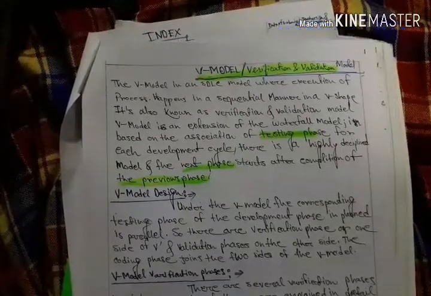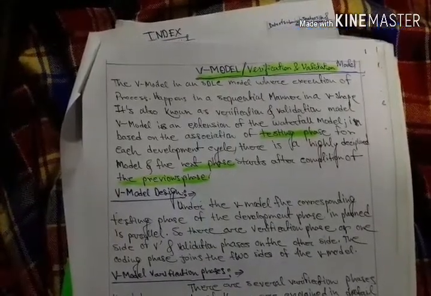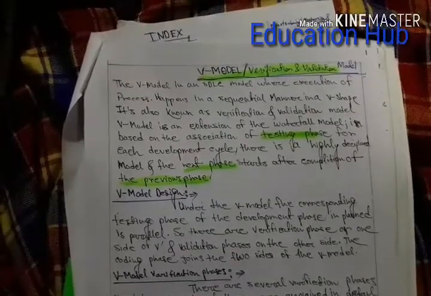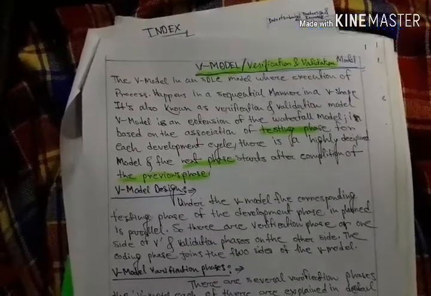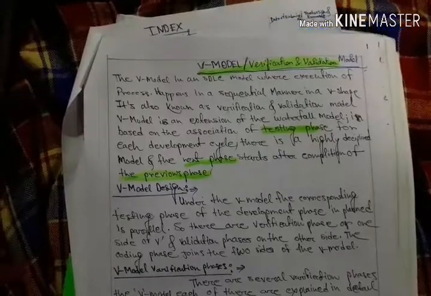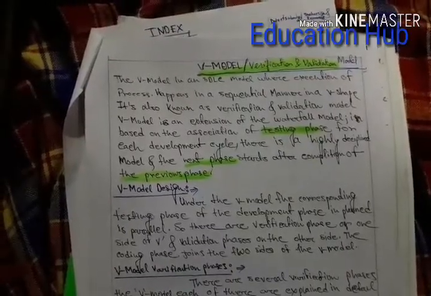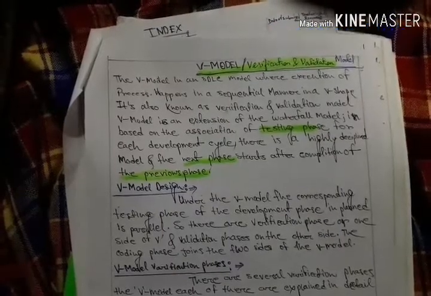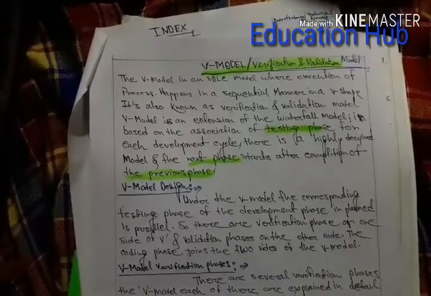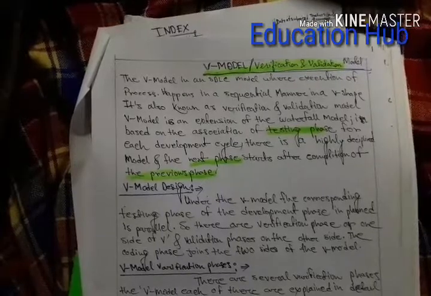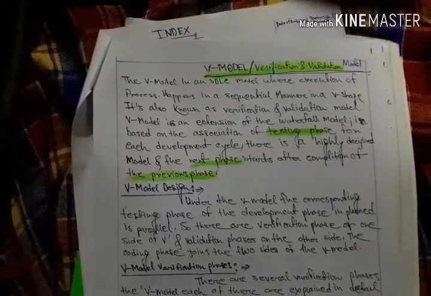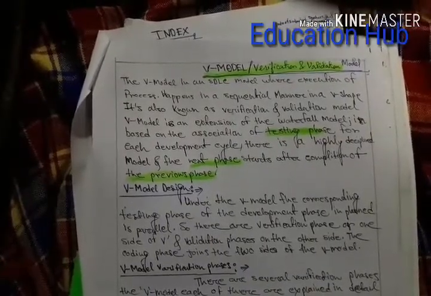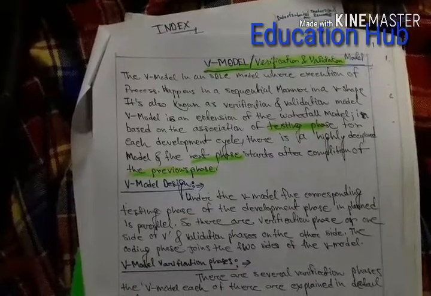The validation phase on the other side also goes on. That means, as we already discussed, whenever one phase is complete, its verification, validation and testing are completed. Now the coding phase joins the two sides of the V model. See the design right now.